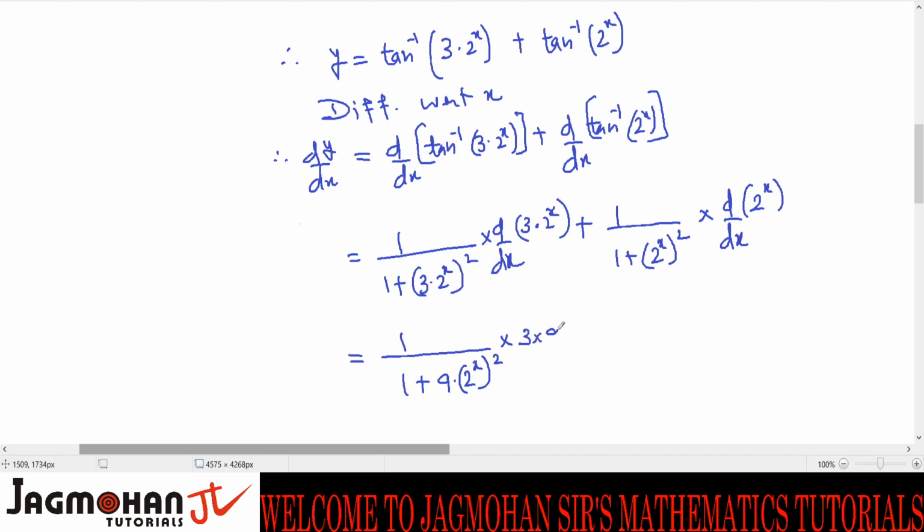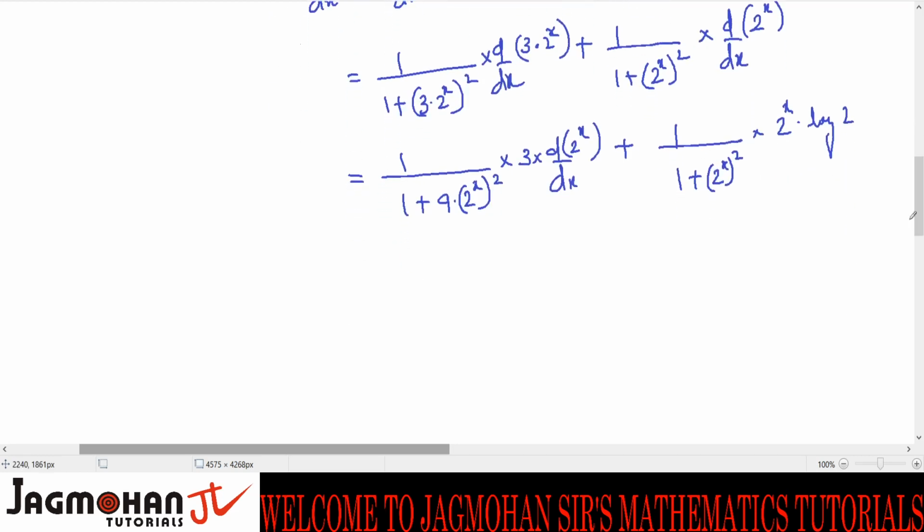So 3 into d by dx of 2 raised to x, plus 1 upon 1 plus 2 raised to x square, into d by dx of 2 raised to x, that is 2 raised to x into log of 2.